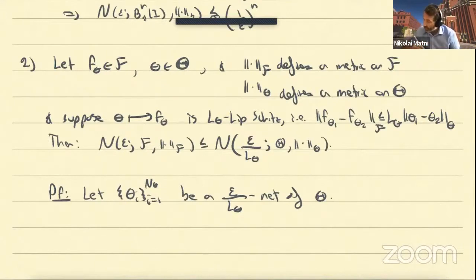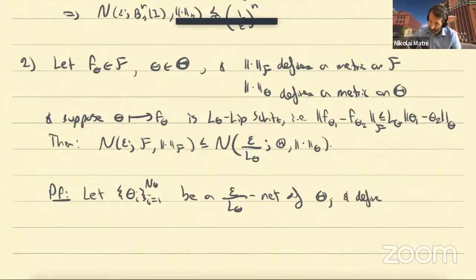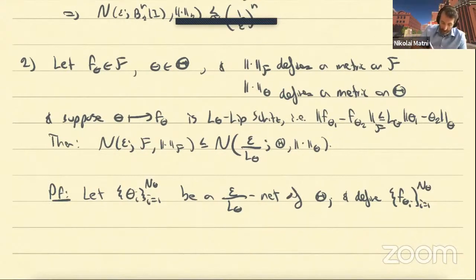To do that, we're going to need to do a couple of things. We're also going to define the corresponding gridding in the function space F that it induces. Then we need to bound the difference from any f in the function space to one of these f sub theta i's, and we need to show that that's less than or equal to epsilon.